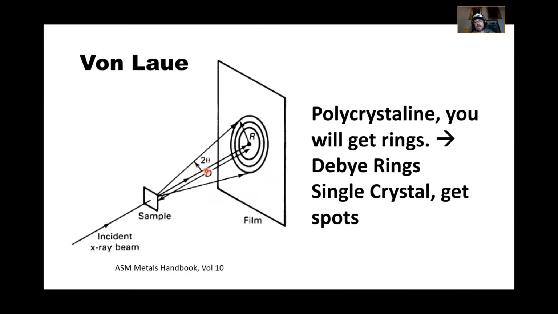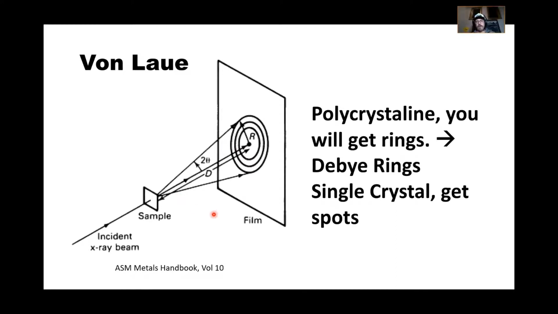I explained why we report things in 2 theta slightly differently in previous lectures, but here it's convention, and maybe it's a little more clear this way. The angle between your incident beam and your diffracted beam is always 2 theta.